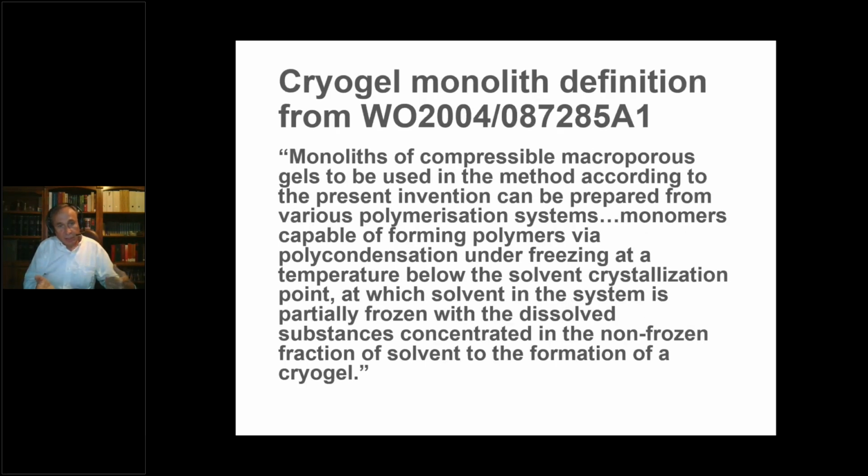So when I got to this other patent, it says, well, you make it by putting the monomers into something, and then you do polycondensation under freezing conditions. So then as this freezes, you get this separation where the solvent crystallizes and the monomers are all stuck together, and by some means that I don't understand, it forms a cryogel.